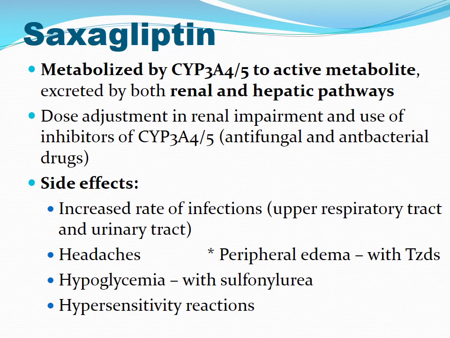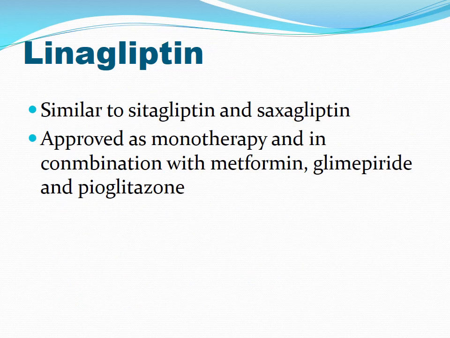Side effects include increased rate of infection in the upper respiratory tract and urinary tract, headaches, peripheral edema, especially if combined with thiazolidinediones, hypoglycemia when given with sulfonylurea, and hypersensitivity.